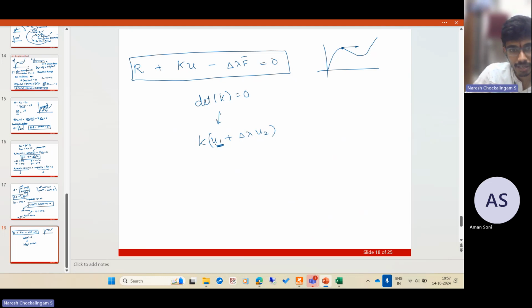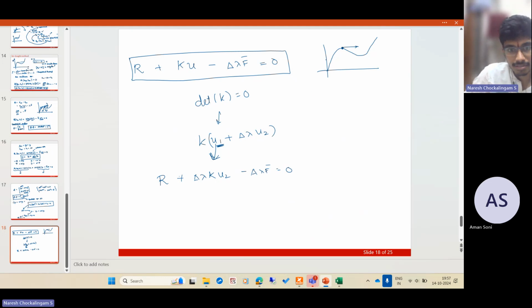If we can't find a unique U1, take it as 0. Therefore, this K acting on 0, this part will vanish. So we'll be left with R plus delta lambda K U2 minus delta lambda F bar equal to 0.